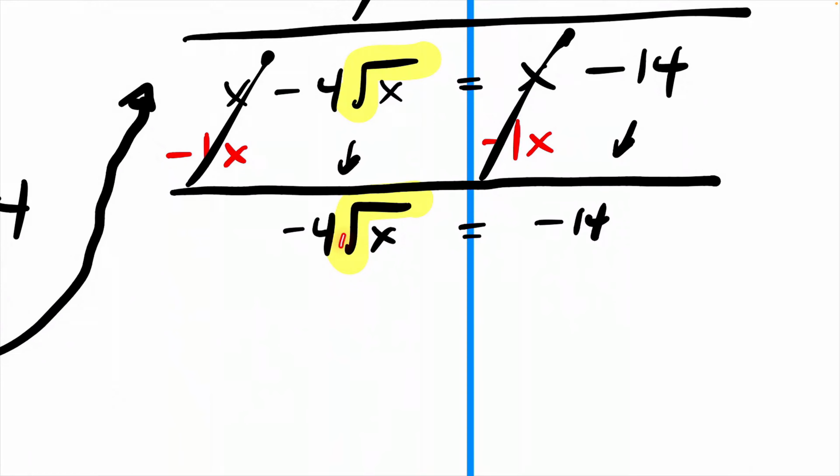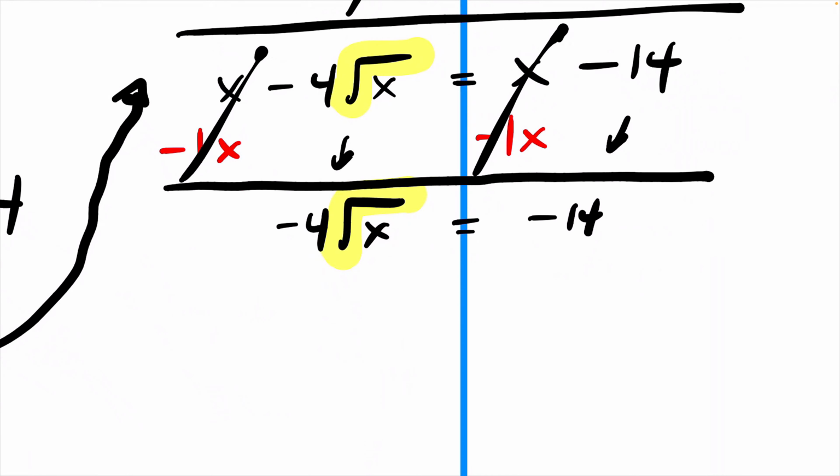Is there a plus sign in between -4 and the square root? No. Is there a minus sign in between? No. Is there a division anywhere? No. So if they're stuck together like that, it's always multiplication. So the opposite of multiplication is division.